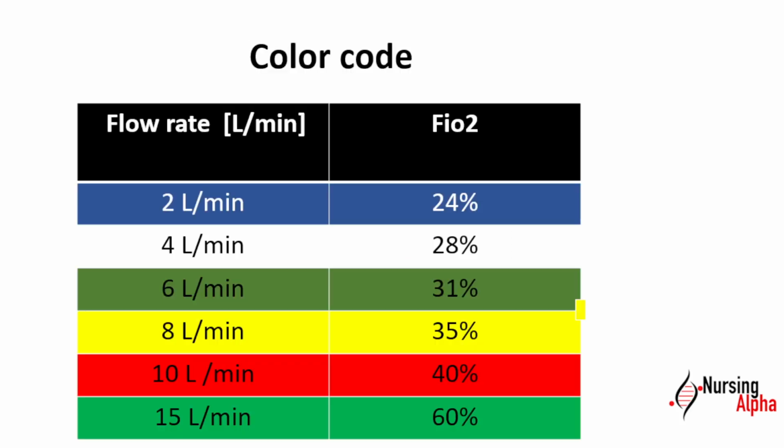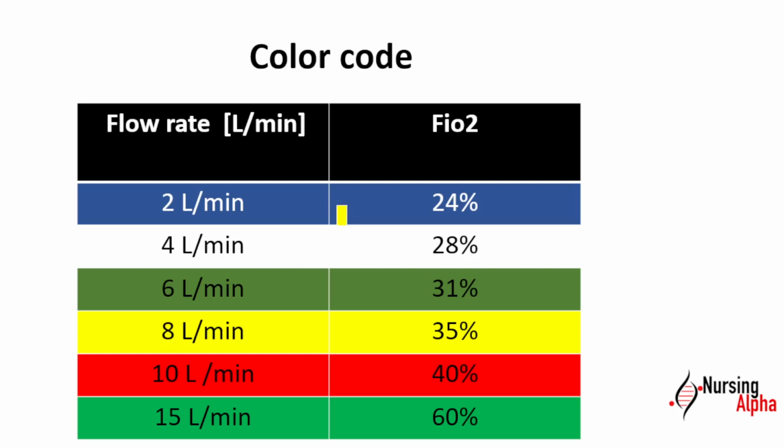Okay, so this is the table of color code, flow rate and FiO2. You can see the different colors in the table like blue, white, green, yellow, red and green.